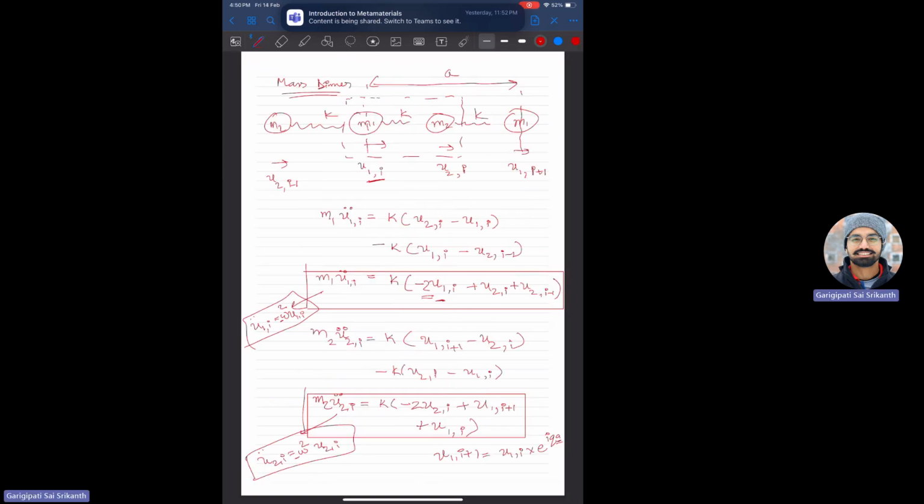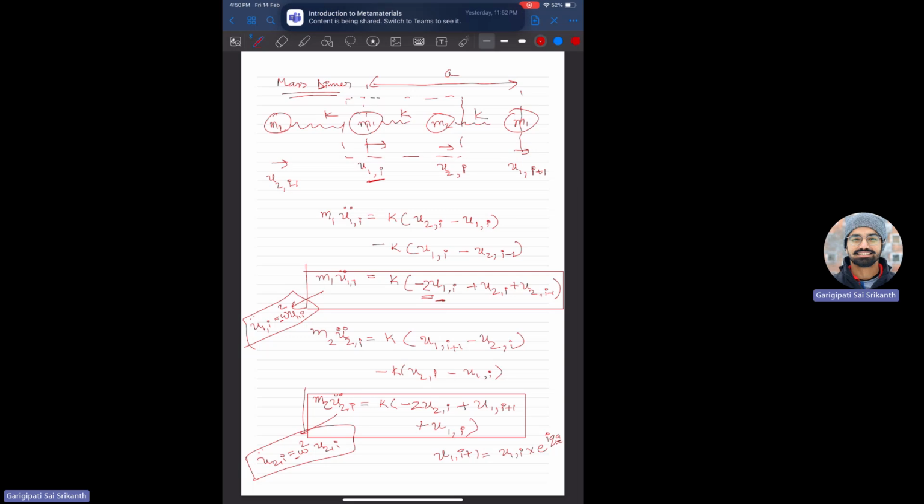So first we took the example of a mass dimer and drew the unit cell, then called this degree of freedom U1 of I. This was U2 of I, where I is the unit cell, the central unit cell, and U1 and U2 correspond to M1 and M2.